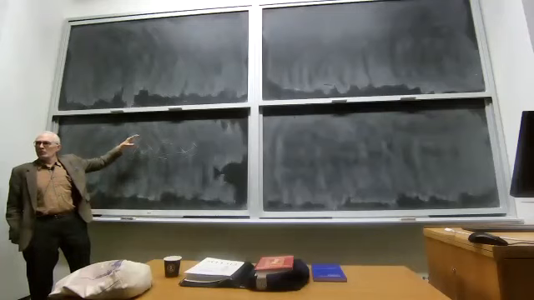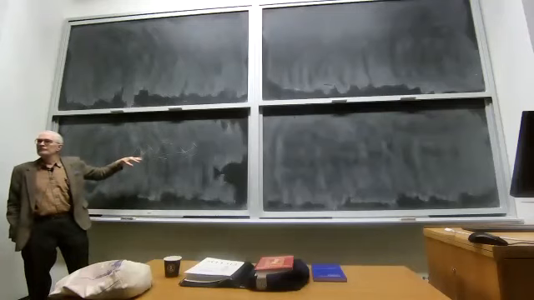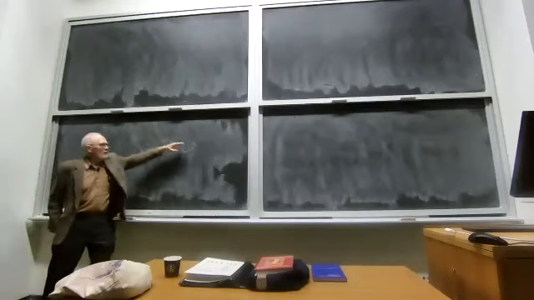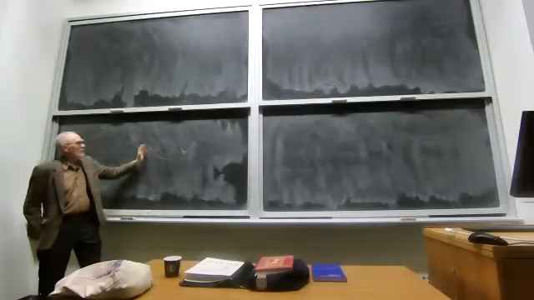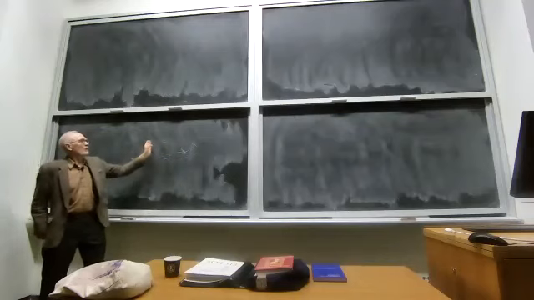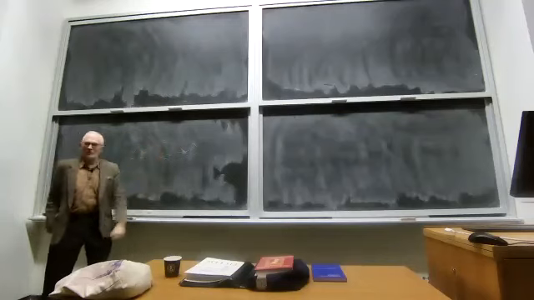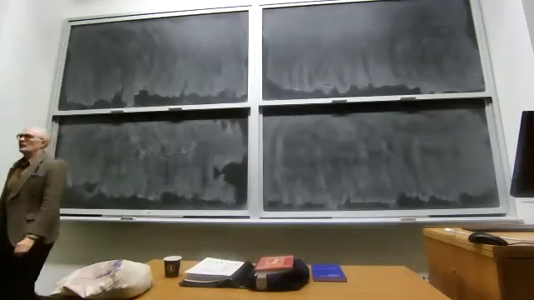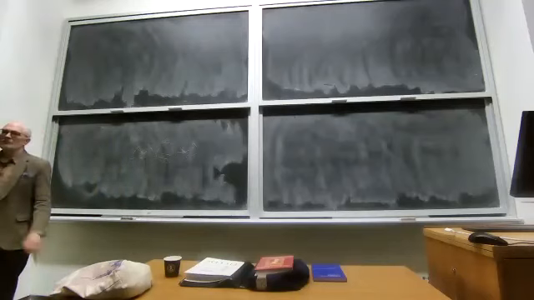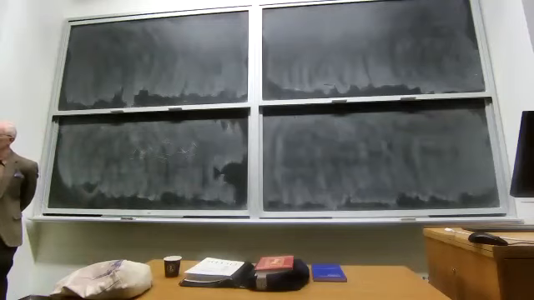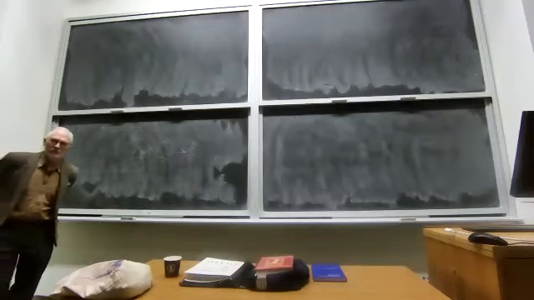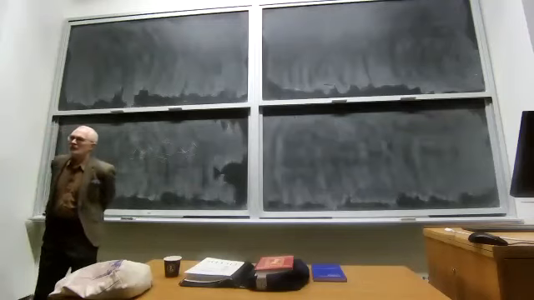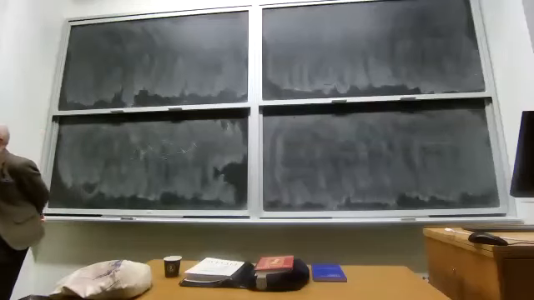This can be thought of as a multiplicity matrix, right? Each of these horizontal assemblies of edges could be thought of as edges with multiplicity, as a multiplicity matrix, right? Okay.